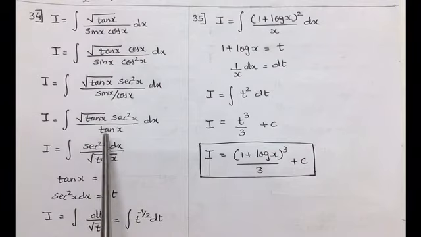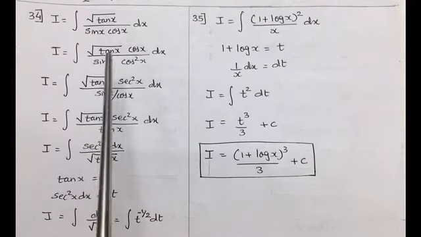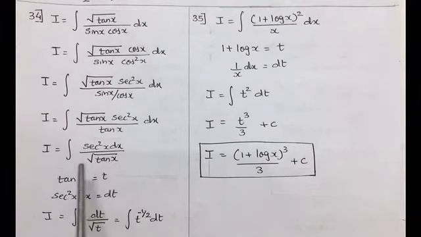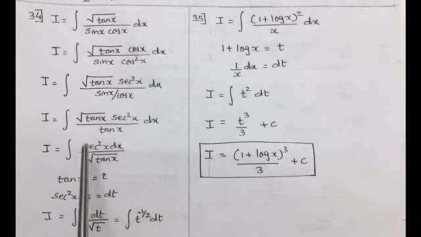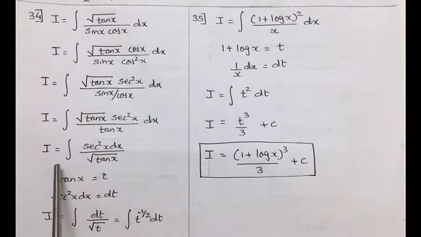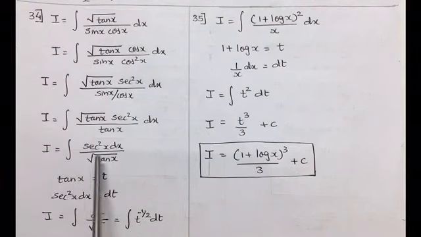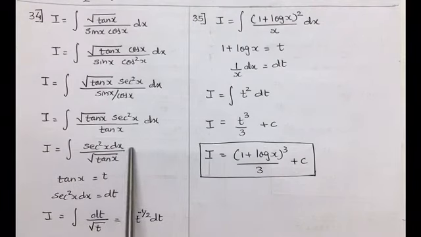Now root tan x and tan x get cancelled to root tan x. So this is the complete simplification of the example. Without simplifying it, we cannot solve it. So the final integration becomes I is equal to integration sec square x dx upon root of tan x.